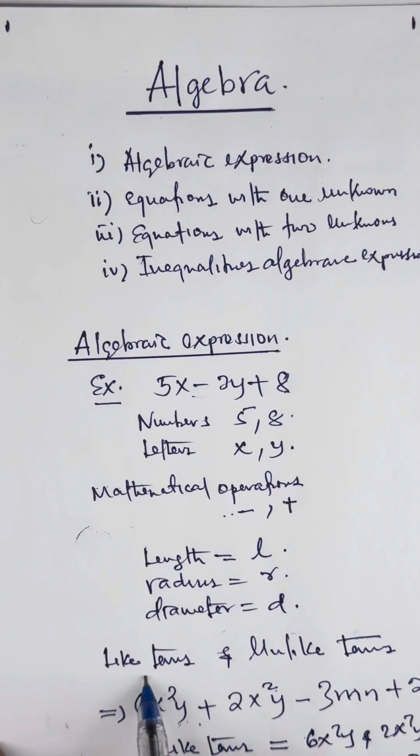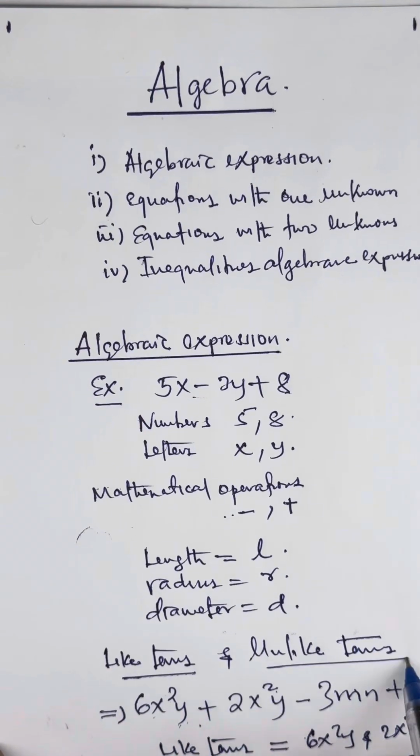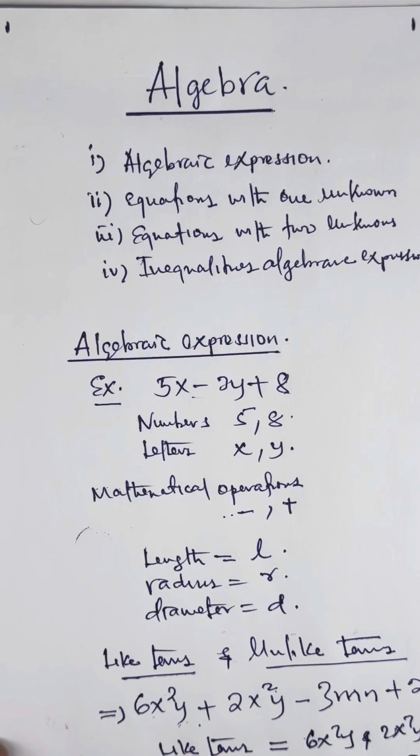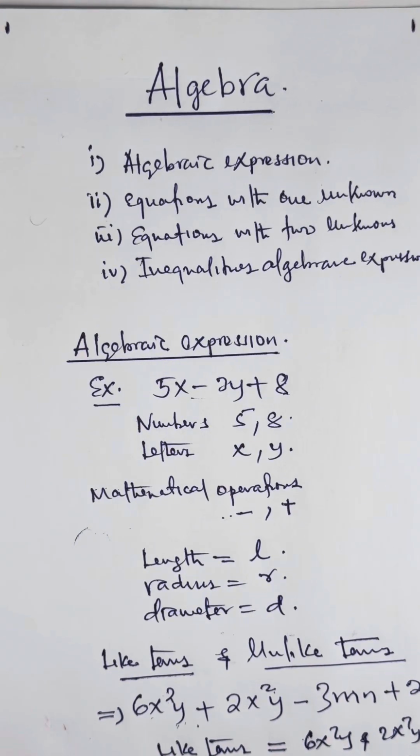So this is important to understand about like terms and unlike terms. This is very key, so that you can look at the way you move forward. You can see the application of all of these things I'm explaining right now. So let's proceed.